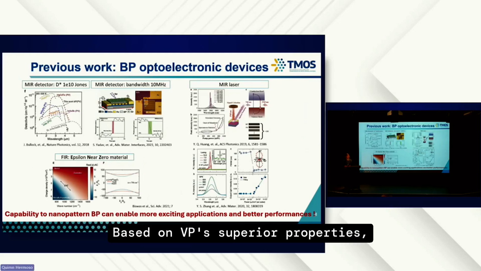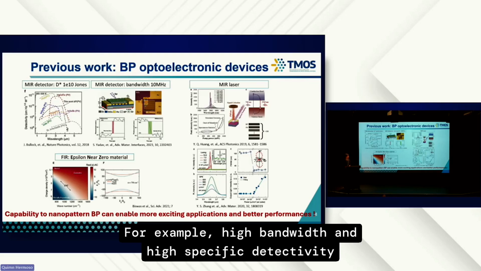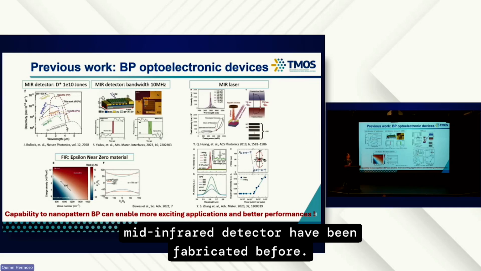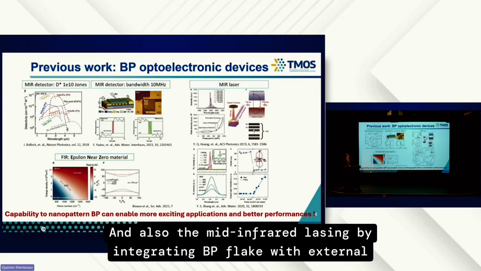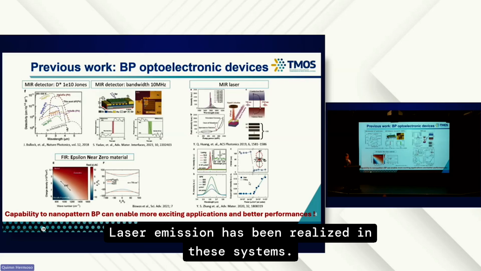Based on BP's superior properties, many high-performance devices have been fabricated. For example, high-bandwidth and high-specific-detectivity mid-infrared detectors have been fabricated before. And also mid-infrared lasing, by integrating BP flake with external optical design cavities. Laser emission has been realized in these systems.